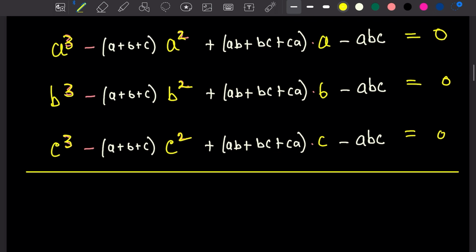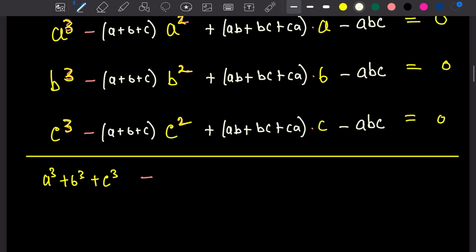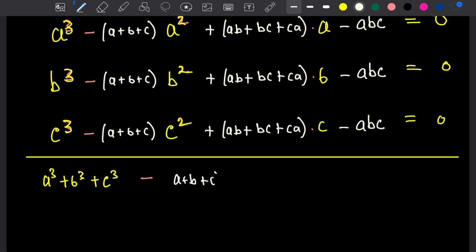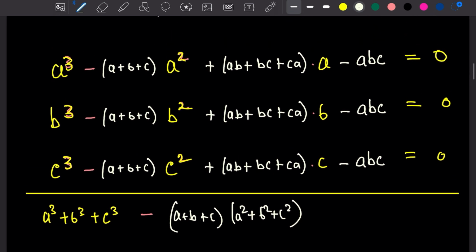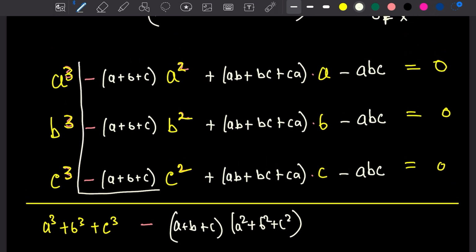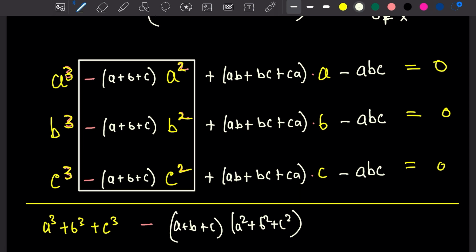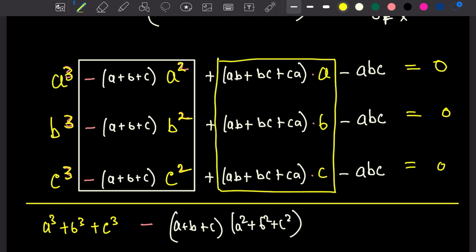So if I do that, I will get a cube plus b cube plus c cube minus (a plus b plus c) times (a squared plus b squared plus c squared). So that takes care of this column. And similarly, for the other column, I can take a plus b plus c as common, and I have ab plus bc plus ca.